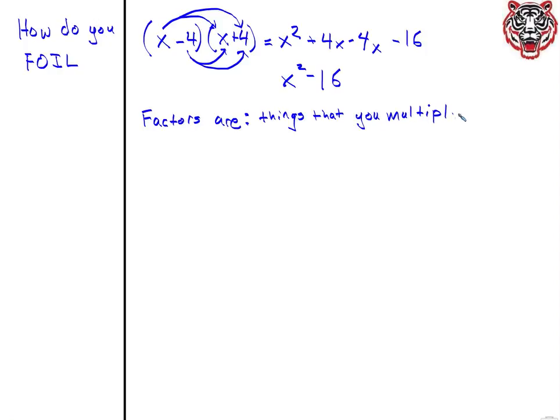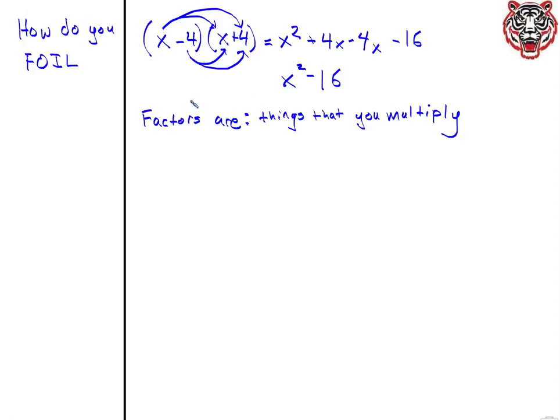And I'm not just talking about polynomials or quadratics or anything. In general, when you talk about math, factors are the things that you multiply. So 2 times 3 is 6. The factors of 2 times 3 equals 6 are 2 and 3. Those are the things we multiplied. So the factors in this case were what and what?